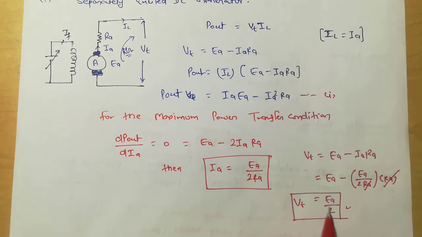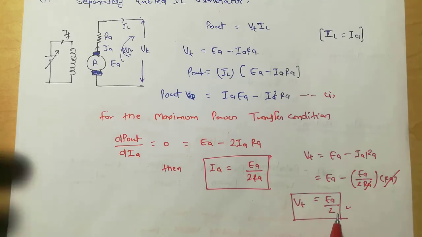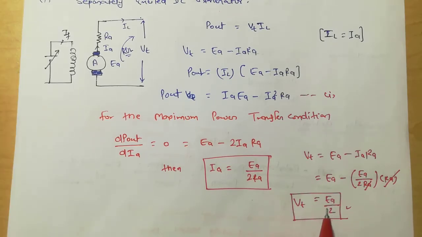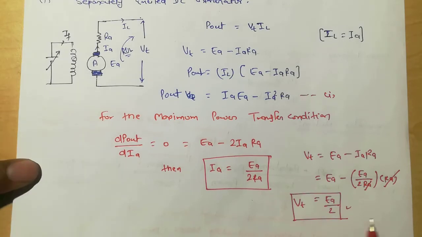So here we can see that the terminal voltage is exactly half of the generated voltage, or we can say the generated voltage is 2 times the terminal voltage. At this condition we get maximum power transfer in the DC machine. Okay, is it clear?